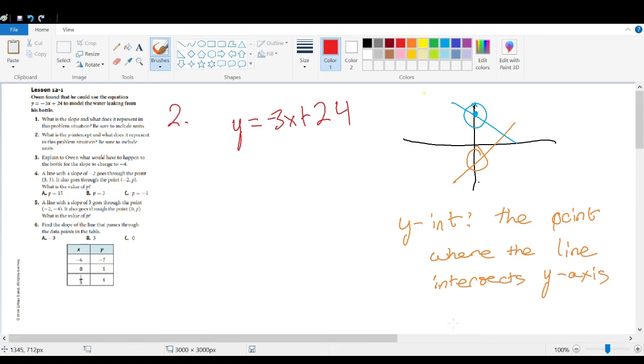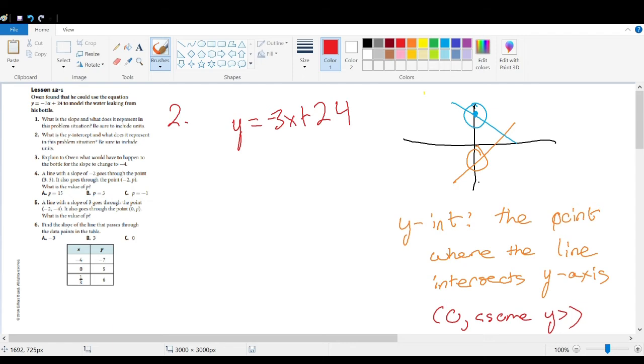So don't we just want 0 and then some y? Isn't that always the y-axis? And you would be correct. Because the y-axis is all coordinates such that x is equal to 0, right? If you look at the graph, x is always 0 on that vertical black line because that's the y-axis.